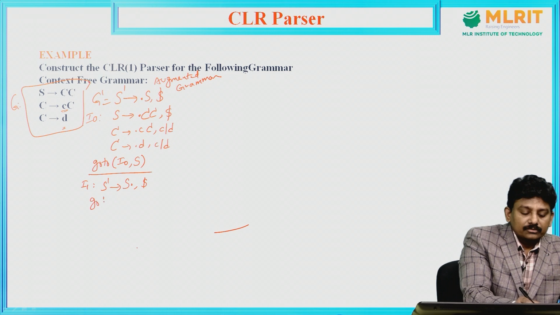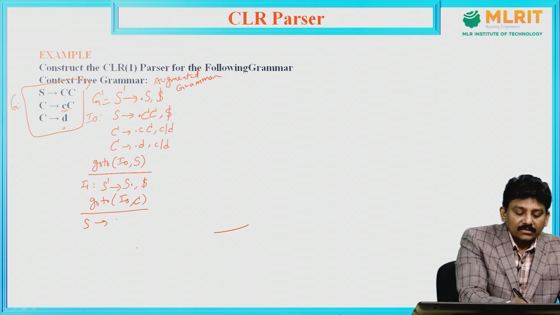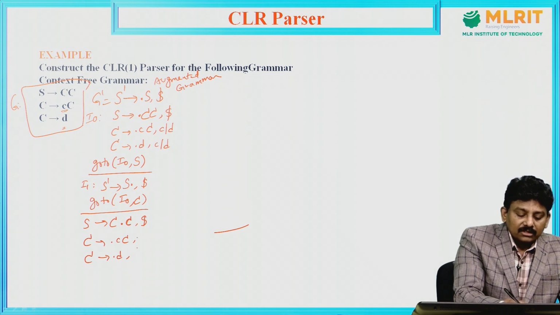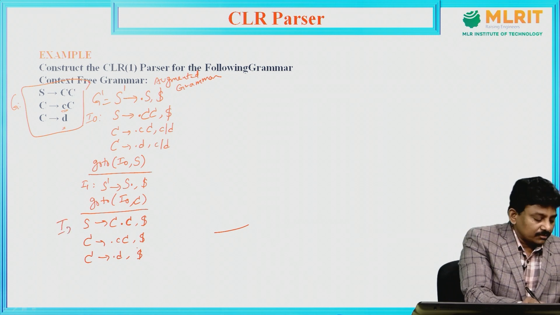Next, goto of I0 comma capital C. S derives C dot C, comma dollar. Dot is preceding variable C, so add the C rules: C derives dot c C, C derives dot d. No variable is following this C, so dollar is the lookahead. This is item number 2.